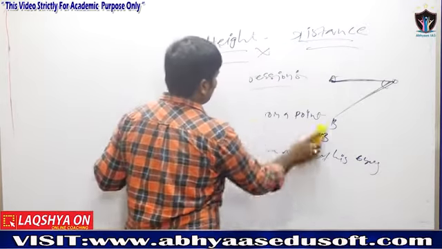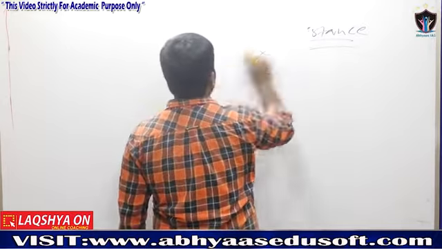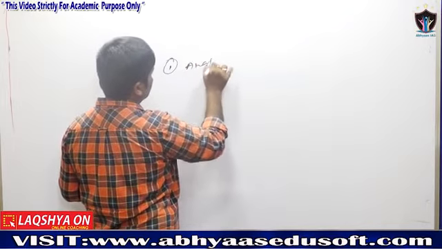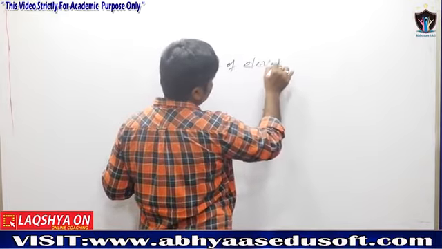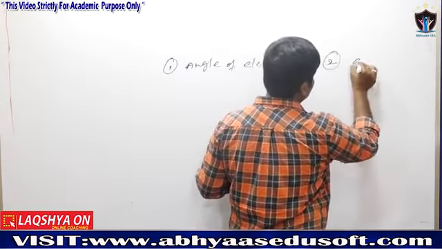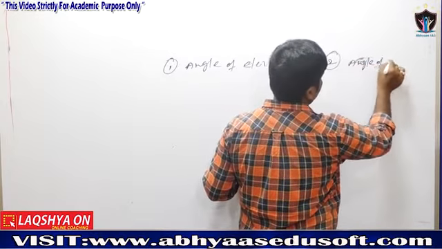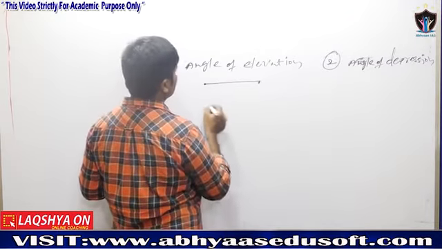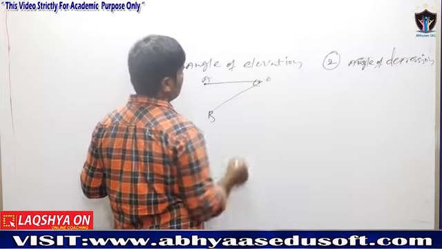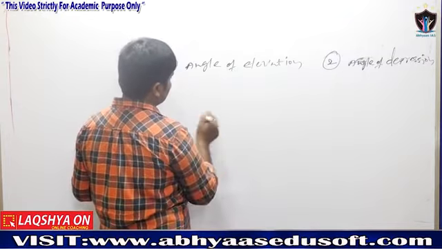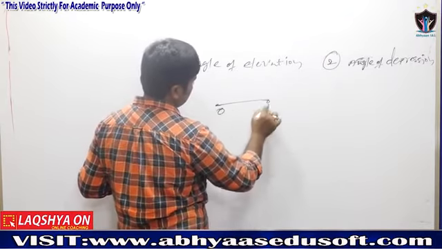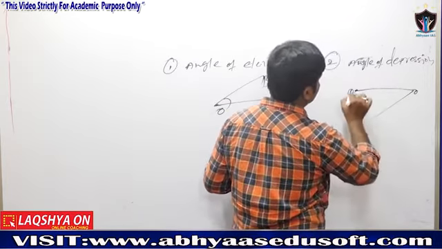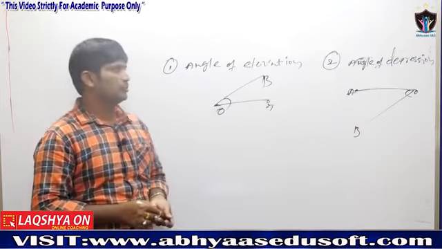Then directly we can start the problems based on trigonometric concepts. The first one is the angle of elevation, once again I'm writing, and the second one is the angle of depression. We take this as O, this as A, this as B. This is called the angle of depression.